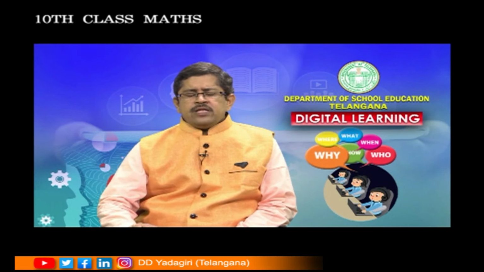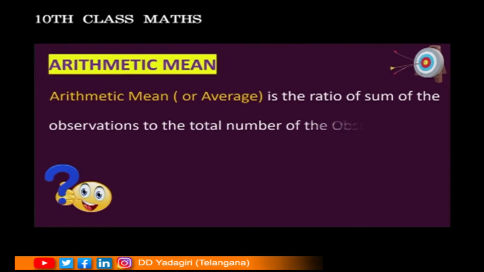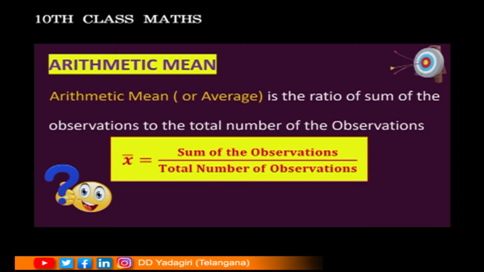In your previous class you learned about the arithmetic mean as the ratio of the sum of the observations to the total number of observations. You represent the mean as x bar. So x bar is equal to the sum of the observations divided by the total number of observations.